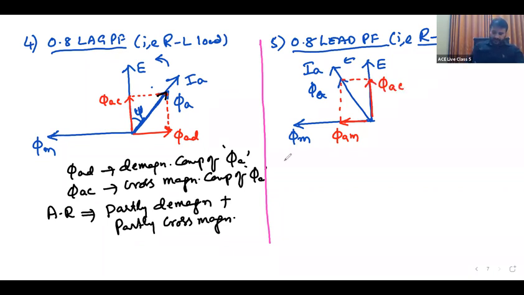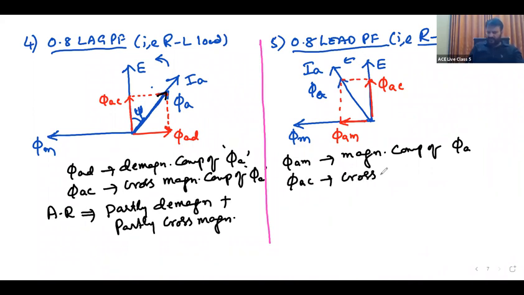So phi AM is the magnetizing component of phi A, whereas phi AC is the cross magnetizing component of phi A. Therefore, both are there, meaning partly magnetization, partly cross magnetization.